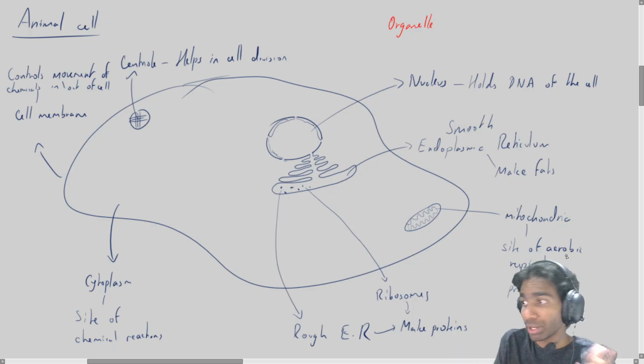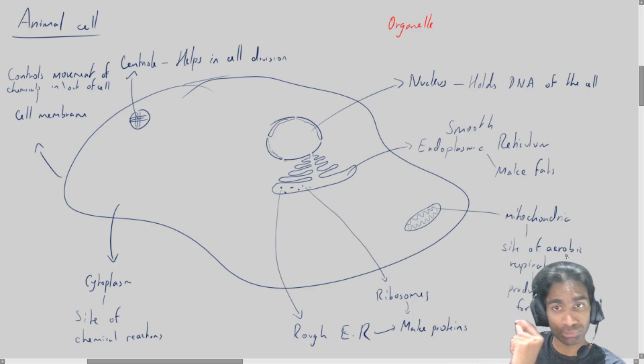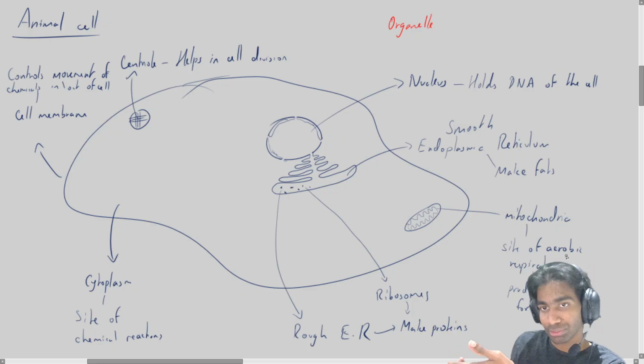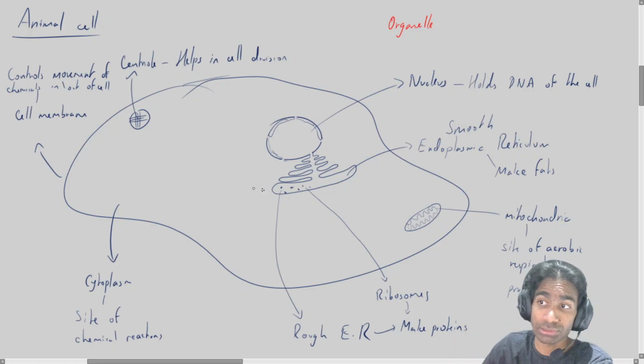But remember again that this is all very versatile. The word aerobic means that there needs to be oxygen present. If there's not enough oxygen present, then the cell needs to find a way to get energy without any oxygen, in which case the respiration process will happen in the cytoplasm instead, right? In which case we call it anaerobic respiration. So that happens in the cytoplasm. And remember, anaerobic respiration just means the absence of oxygen.